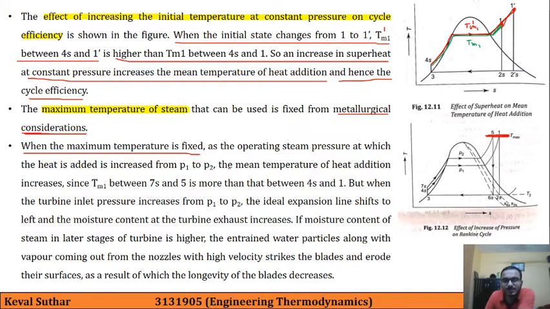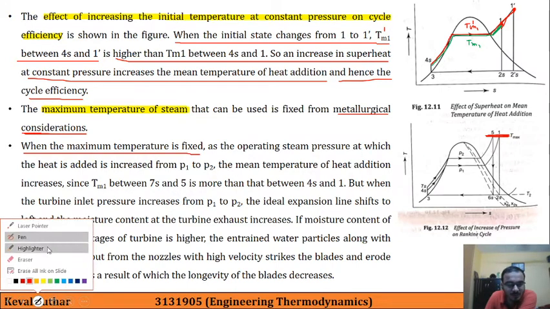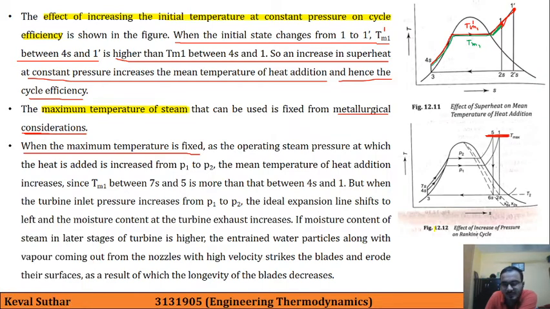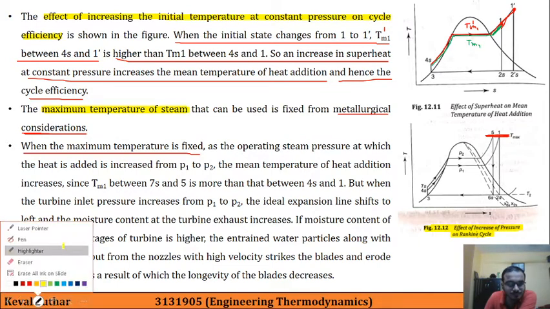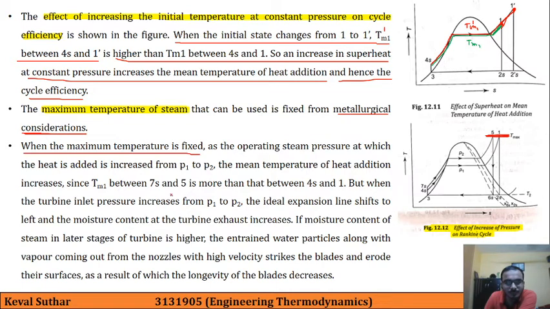Now we are going to see our next effect, that is the effect of increase of pressure on the Rankine cycle. Let us say that the operating steam pressure at which the heat is added is increased from P1 to P2.